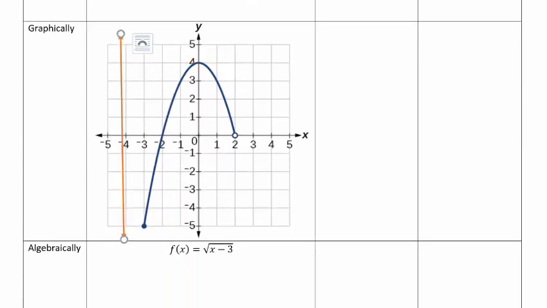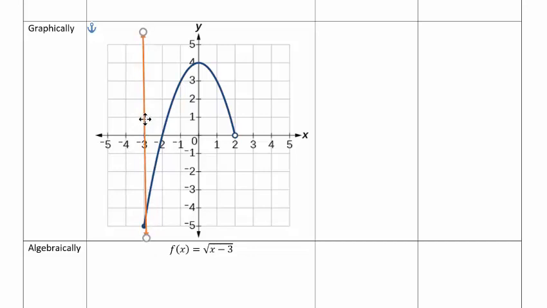Okay, for a graph, if there's a finite number of points, like in our first example, you're just going to list out the x and the y values. If there's an infinite number of points, as in this curve, we have to write intervals instead. So using a ruler, run your ruler across the graph from left to right, and the first point that you encounter, we're going to write that x value down.